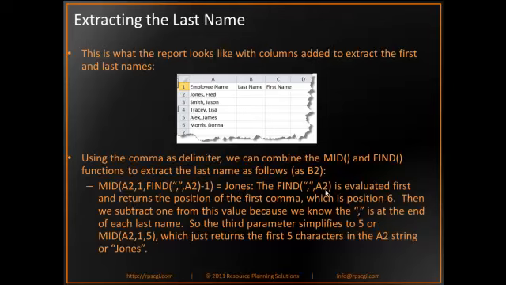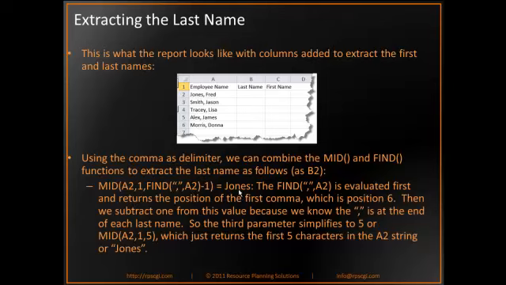The FIND is going to go down the string of Jones, Fred, and it's going to find the comma at, let's see, J is 1, O is 2, N is 3, E is 4, S is 5. So the comma is at the 6th space. We want it to return 5 characters, because if it returned the 6th character, we would get the comma.